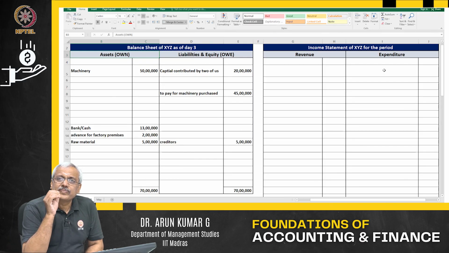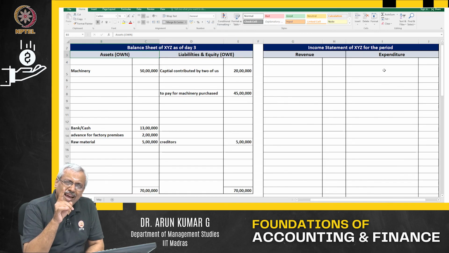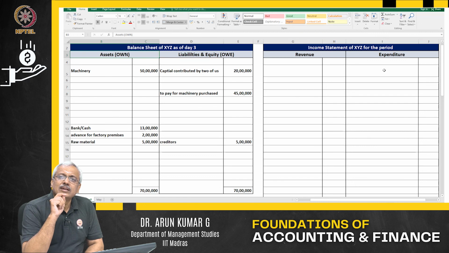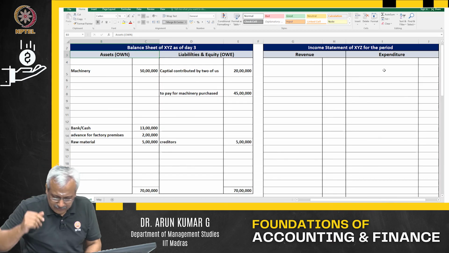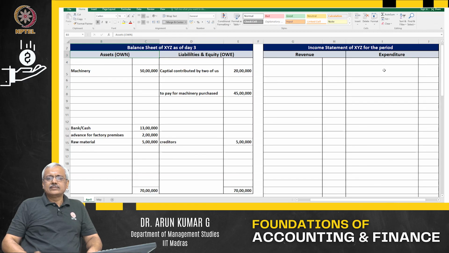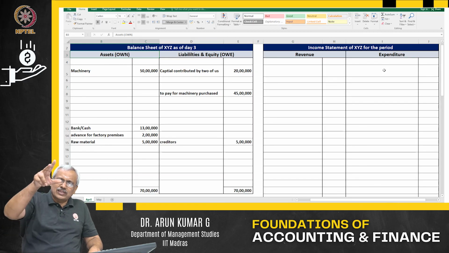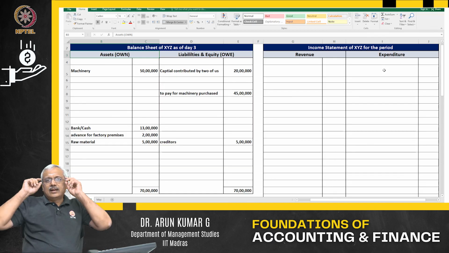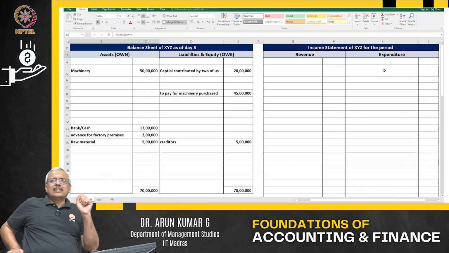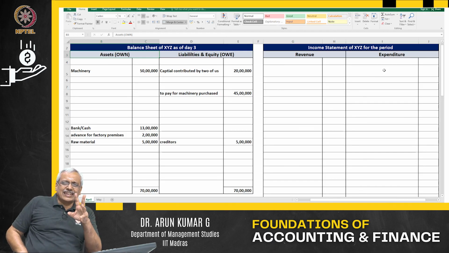Please note my statement: I use 1 lakh rupees worth of raw material, produce a final product and sell that final product for 1.5 lakhs on a 30-day credit. Very complicated? No, very simple.